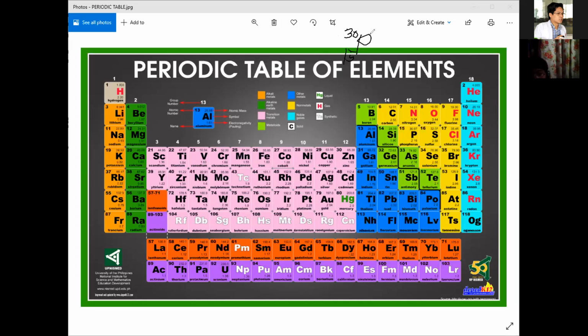So it is 15. Correct. That is actually the notation of the element. That is how we make notations of certain elements, or element notation. Because in your major exam, you will be asked to make notations of certain elements. This is really basic.